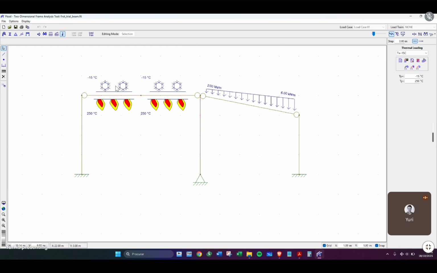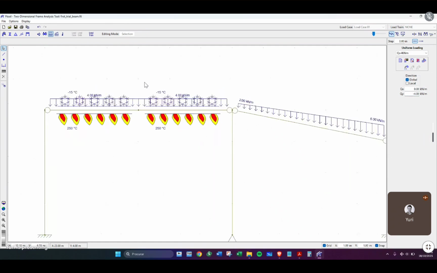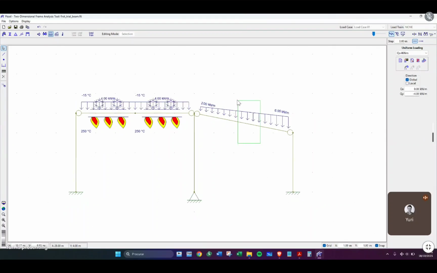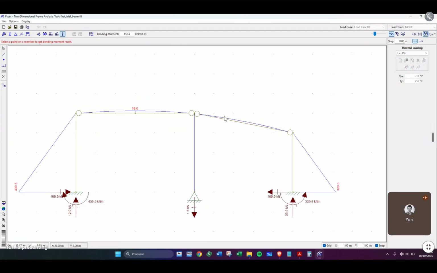And let's also pretend that the roof had a load of 4 kilonewtons. We can use the one that we had previously, all right? So this is a combination of different variables, all right? And let's pretend that this beam was also under fire. All right, let's see now the differences.